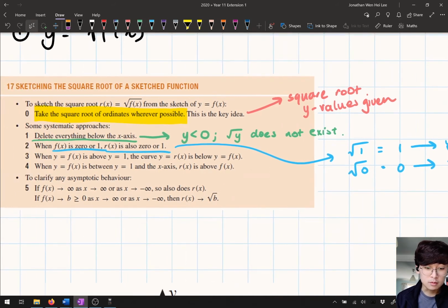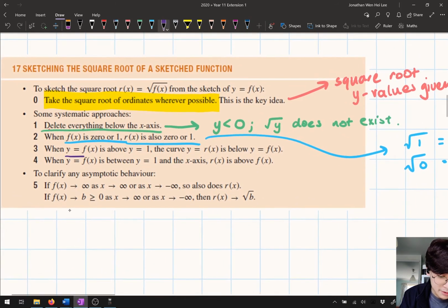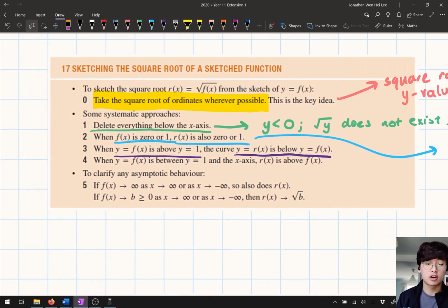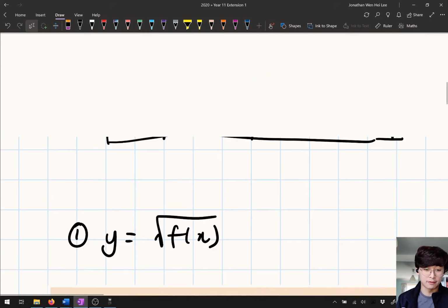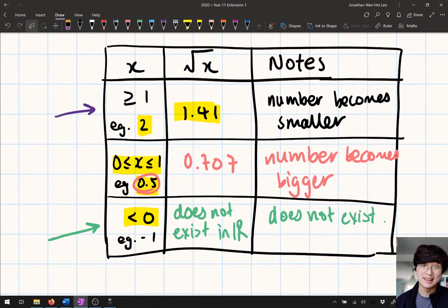Okay. Dot point 3. When f of x is above y is equal to 1, the curve of r of x is below f of x. This dot point corresponds to something that we did above, this condition over here. When the function is greater than 1, the square root is going to be less than that. That's what we saw when we took the square root of 2. It gave us a number that was smaller than 2.